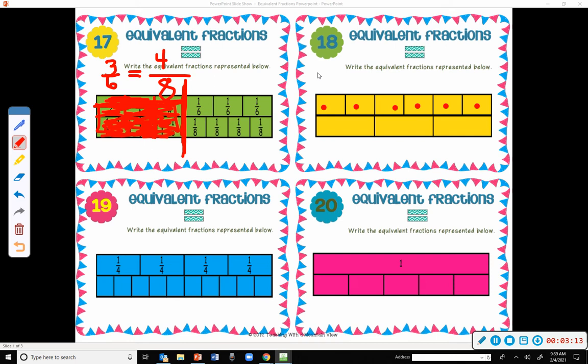Okay, so my denominator is 6. Okay, and down here I have 1, 2, 3. So we're comparing sixths to thirds, trying to figure out what is equivalent.